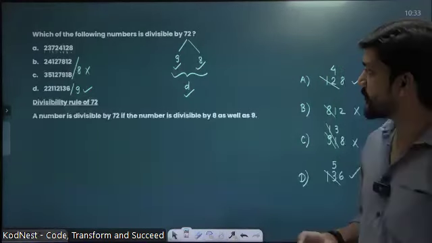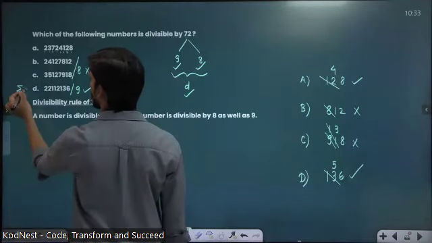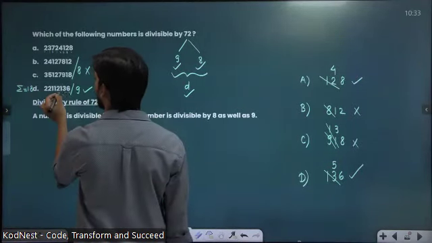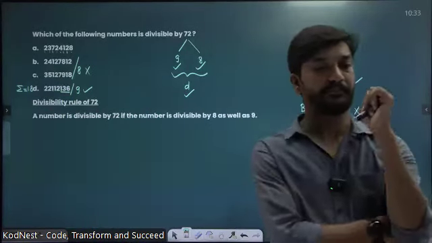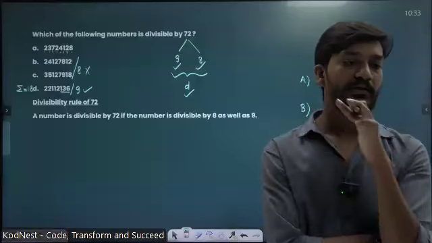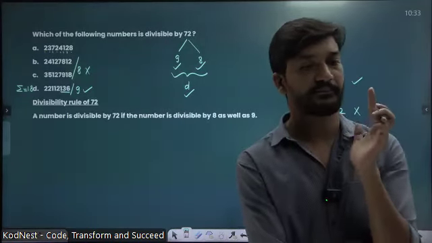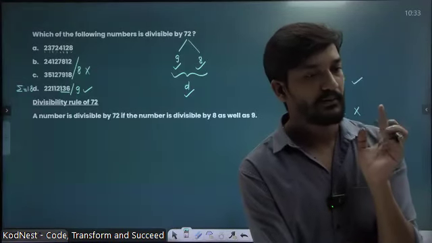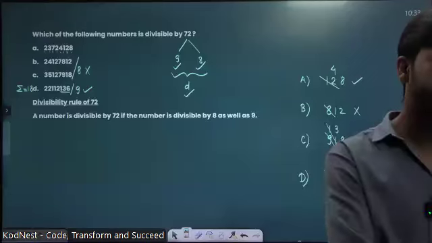D option is divisible. Sum of digit is 18. Okay. Here sum of digit is 18. And last three places divisible by 8. Okay. Check again. Sum of digit might not be right. Suraj, check again, please.